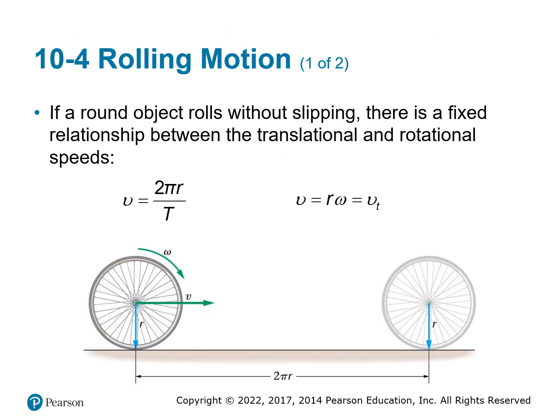Right, so rotational motion deals with objects that roll. So if you have a normal round object that rolls without slipping, so it rolls, there's no hiccups or anything, you have a fixed relationship between the translational and the rotational speeds.